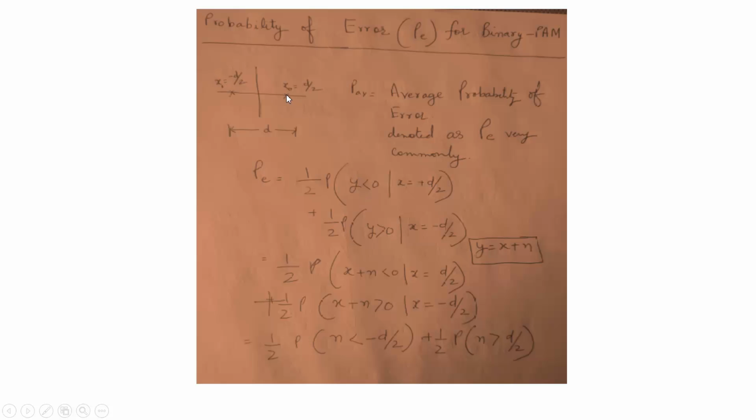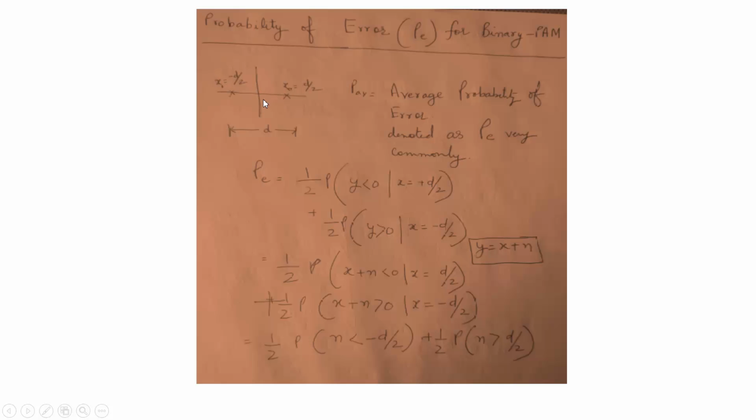Now, let us suppose that x naught was transmitted, but the amplitude that we received is less than 0. We transmitted plus d by 2, but we received a signal y which is less than 0.